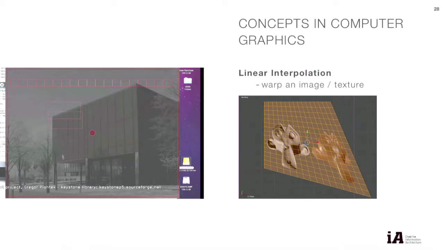First, maybe let me give you another hint. These are also bilinear interpolations. If you move around this point, there are some techniques so that the mesh is correctly interpolated.